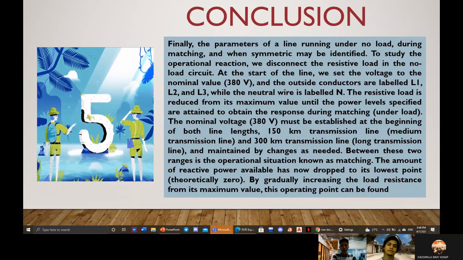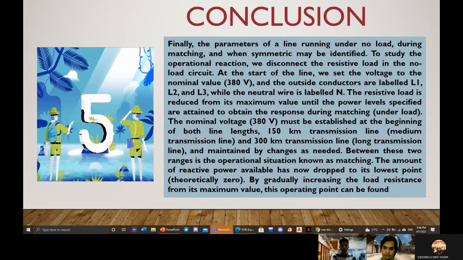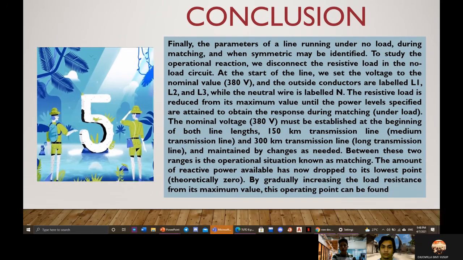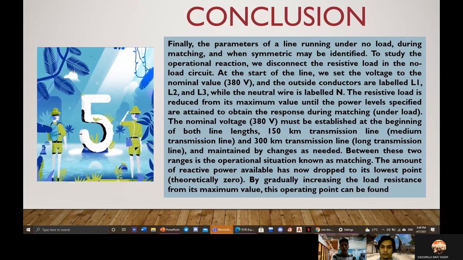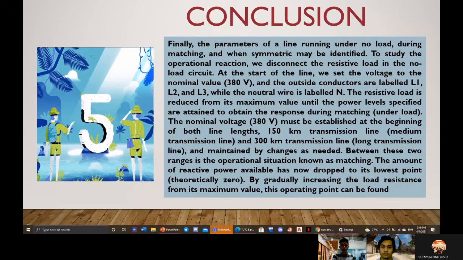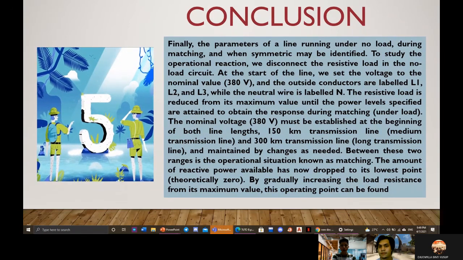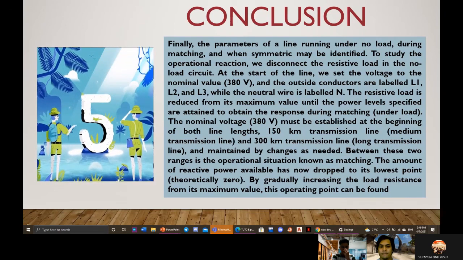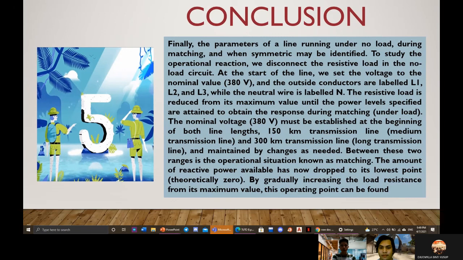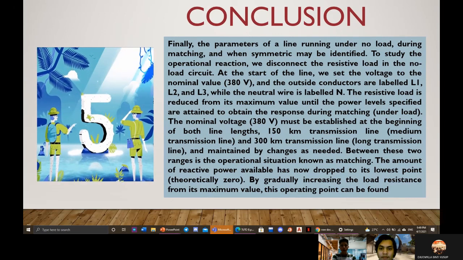The resistive load is reduced from its maximum value until the specified power levels are attained, to obtain the response during matching under load. The nominal voltage of 380 volt must be established at the beginning of both line lengths, the 150 km medium transmission line and the 300 km long transmission line, and maintained by change as needed.